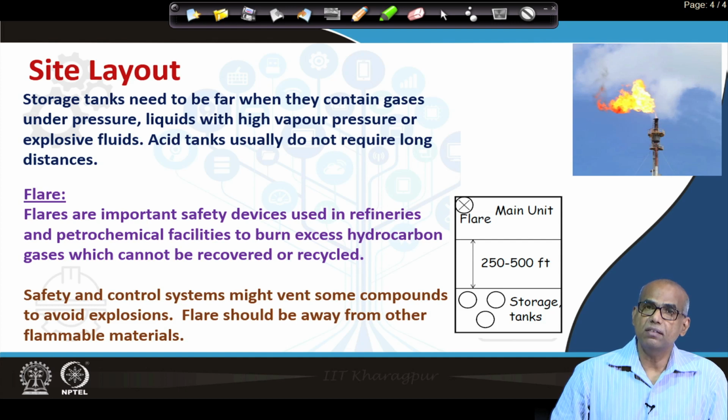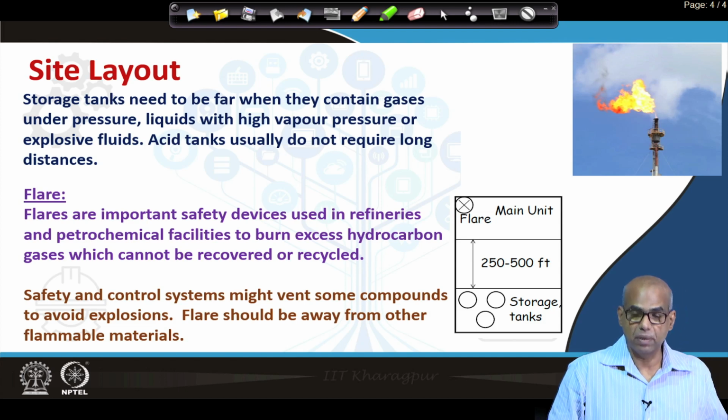When you see flares, please be assured that this is a safety device and the operations are going on safely. Safety and control systems might vent some compounds to avoid explosions. Flare should be away from other flammable materials.